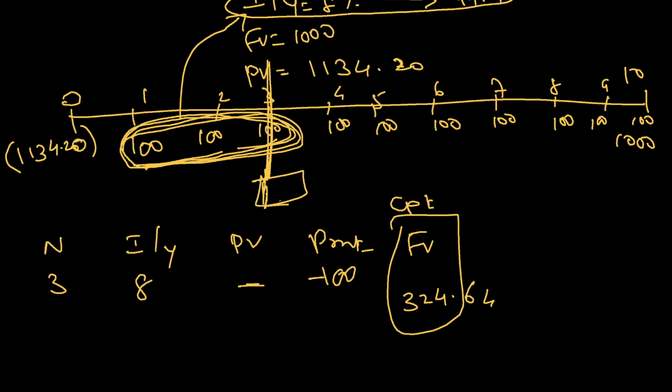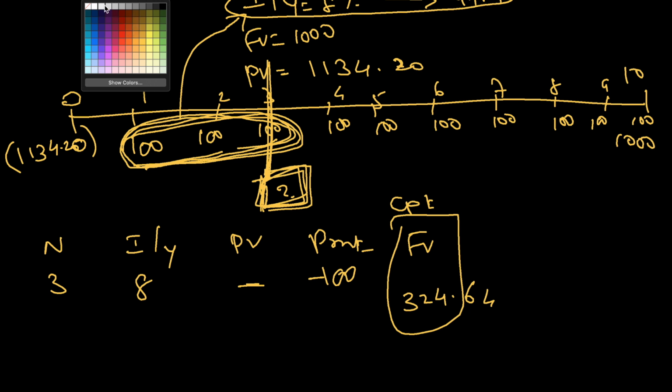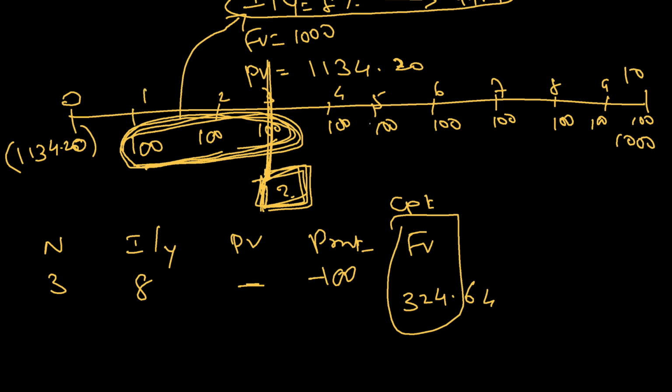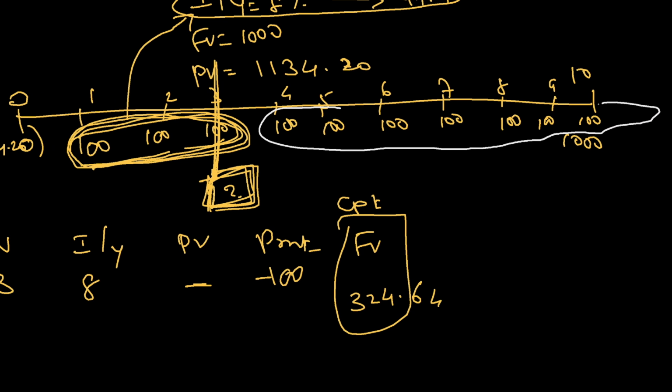And then mind you, I'm going to sell this bond as well. So when I sell this bond, what will be the value at which I will sell it? That means I need to find out the present value of this bond. Now the present value of your bond is equal to the present value of all its expected future cash flows. So I need to find out the present value of all these future cash flows, all this 100 and then this 1000.